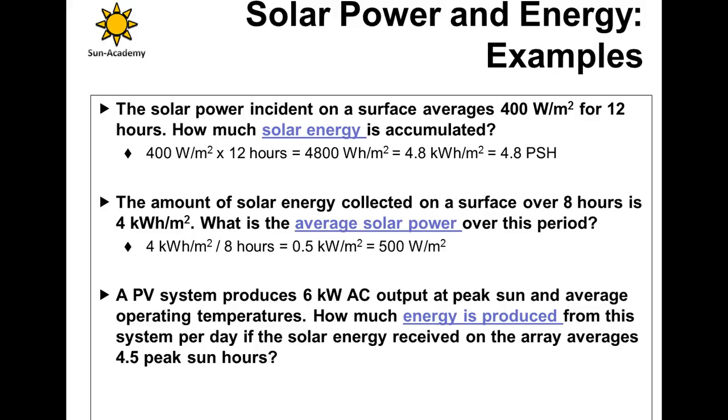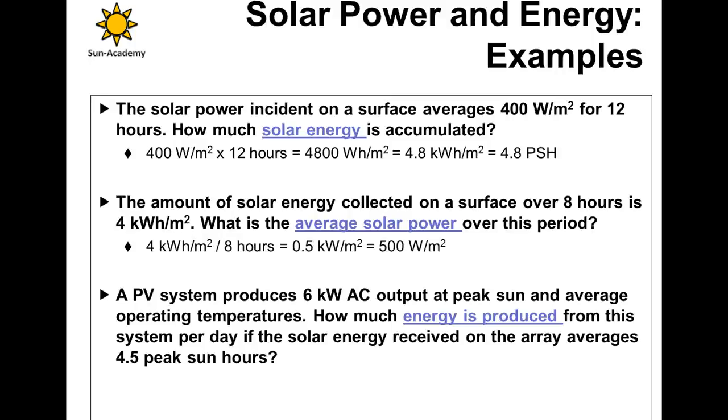The amount of solar energy accumulated defines the equivalent number of hours that a PV will operate at its peak output level. Number 3. A PV system produces 6 kilowatts AC (alternating current) output at peak sun and average operating temperature.